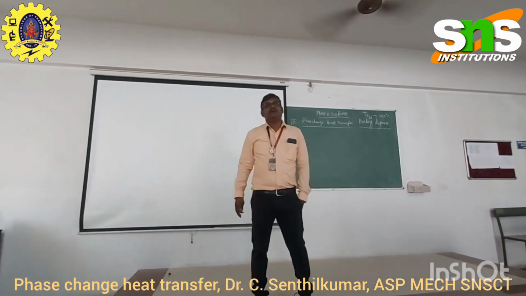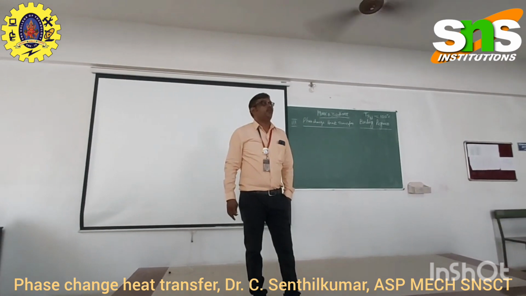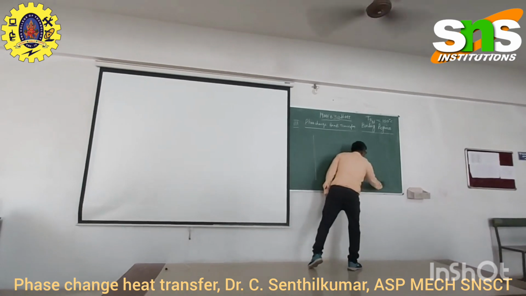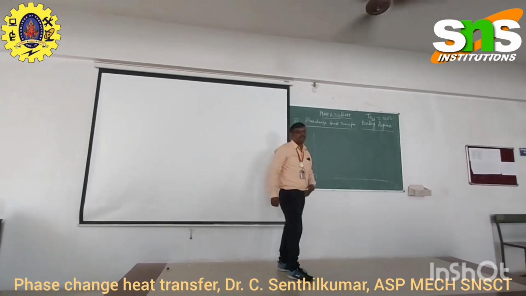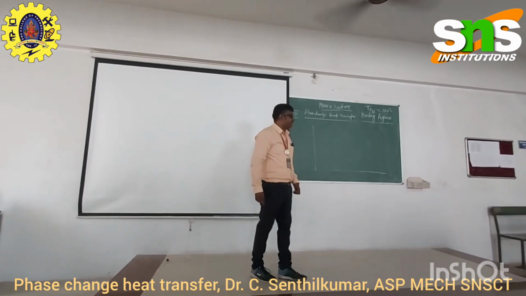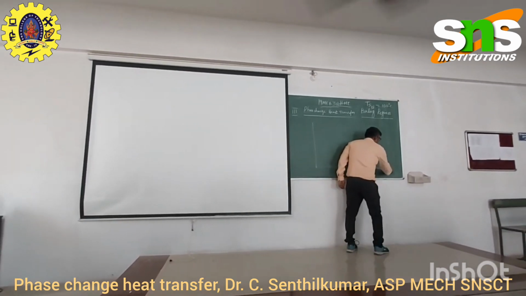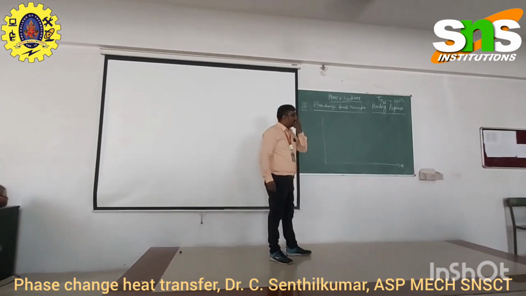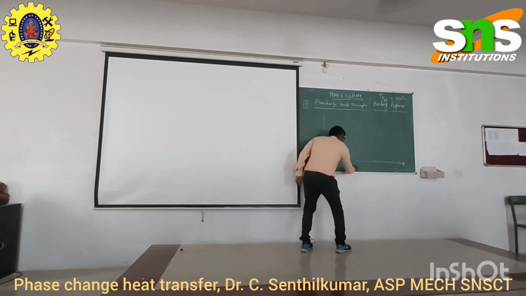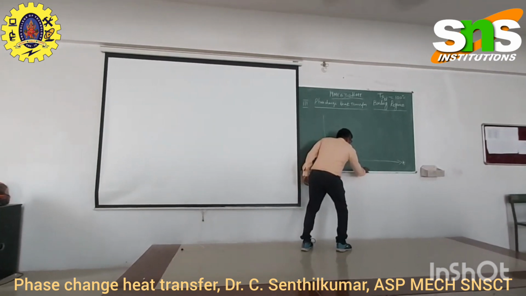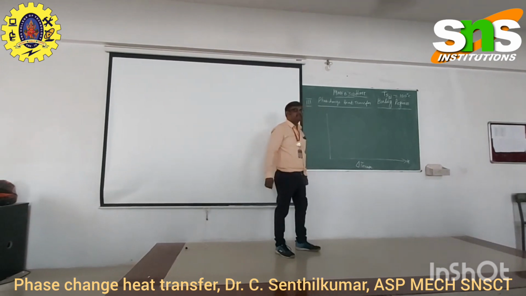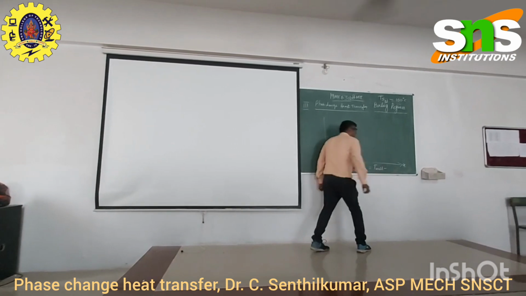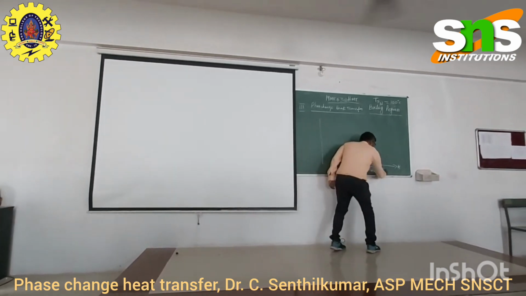I would like to continue with the graph, which is the graphical representation of the boiling regime. The x direction indicates the value of delta T excess, which is T wall, the temperature of the wall, minus T saturation.